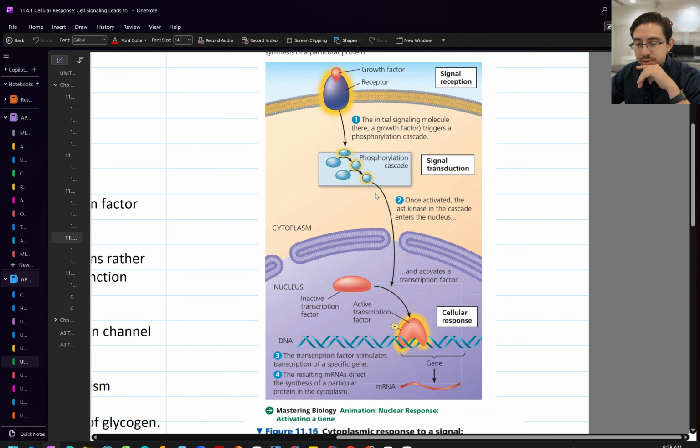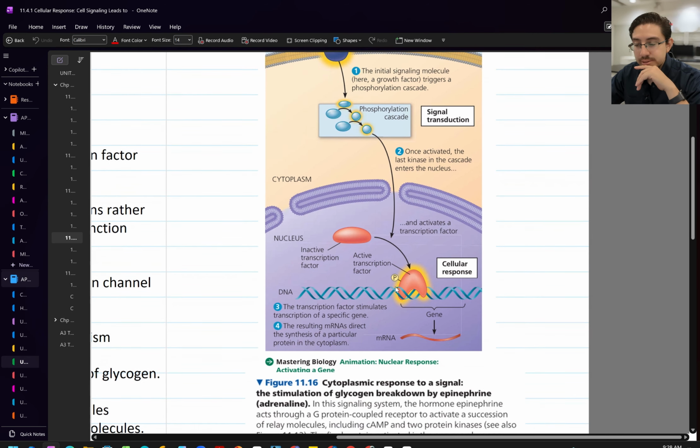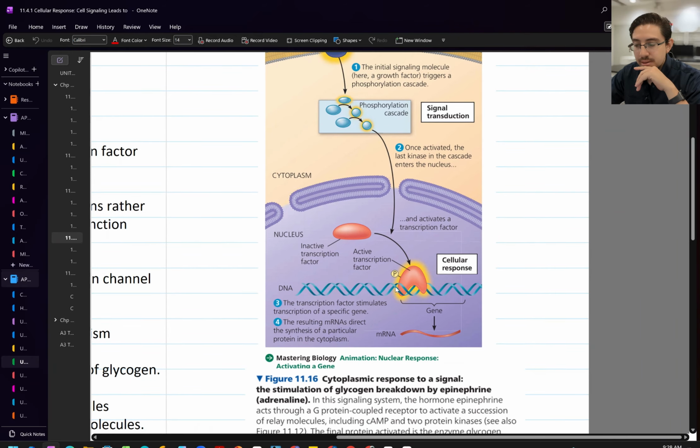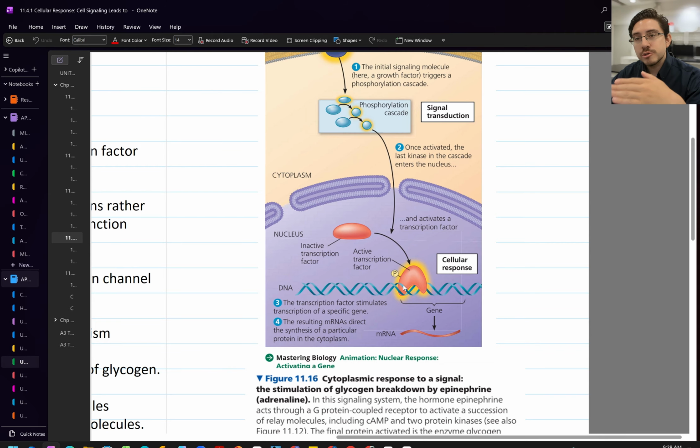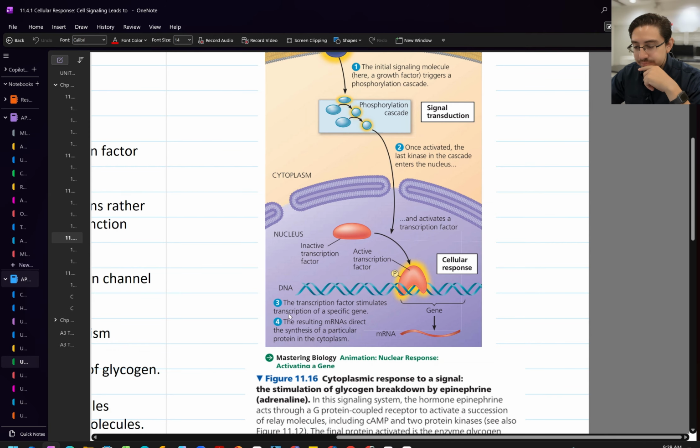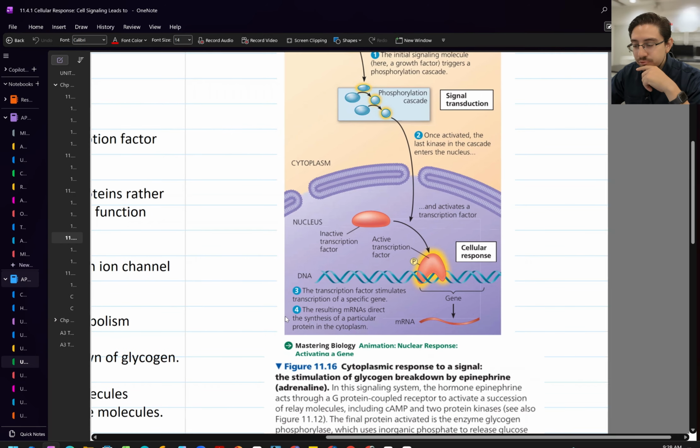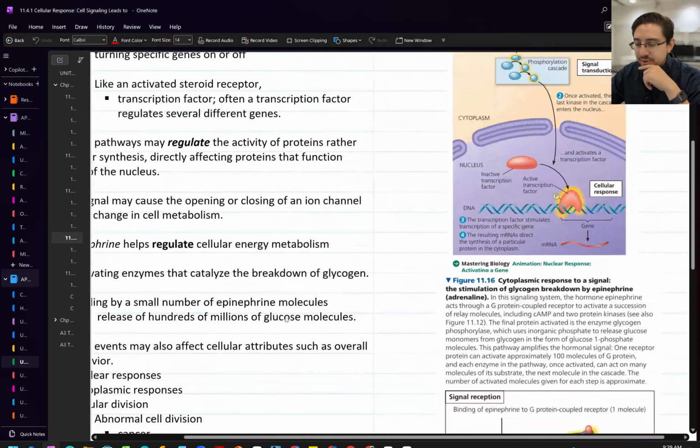Ultimately, that last protein that gets activated can migrate into the nucleus, okay, which can activate special molecules that are called transcription factors that will help turn on some gene to activate transcription and then translation. Yeah. Very, very interesting stuff here.